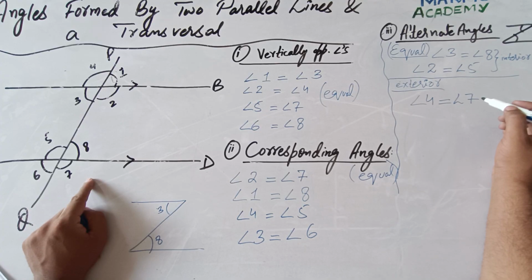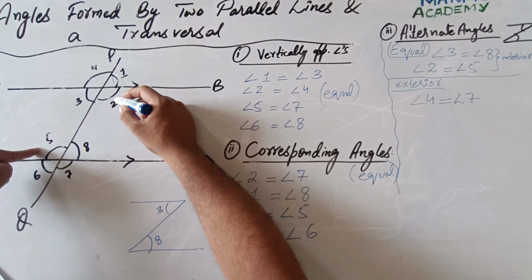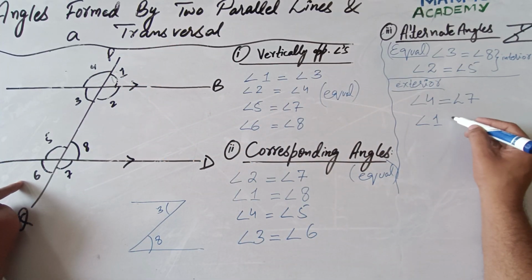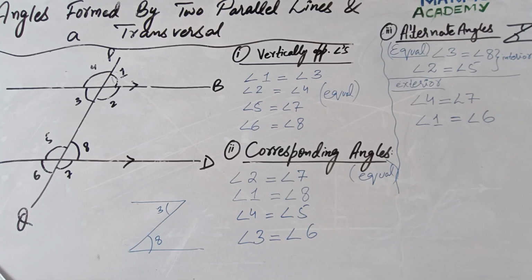Similarly, if 2 and 5 are alternate interior angles, then angle 1 and angle 6 are alternate exterior angles. So this is all about alternate angles. They can be identified with the letter Z. Under the arms of the letter Z, if angles are there, it means that they are alternate angles.